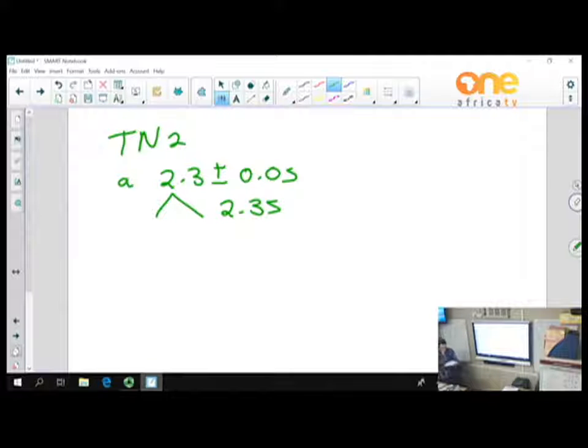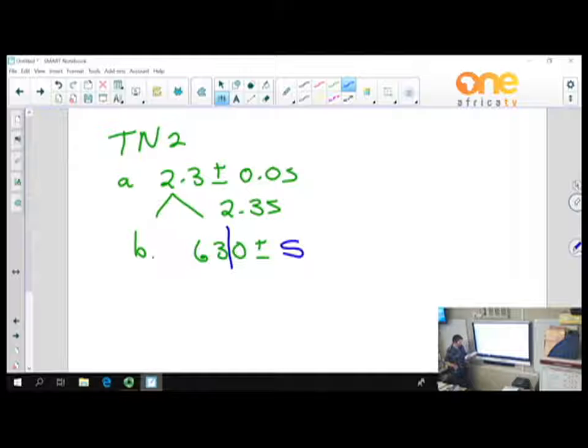Question 2. The capacity of a swimming pool is 630 cubic meters, correct to two significant figures. So this is the two significant figures. What is half of 10? 5, yeah, plus or minus 5.